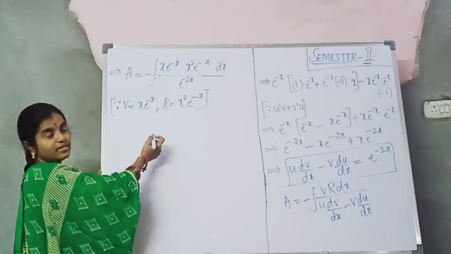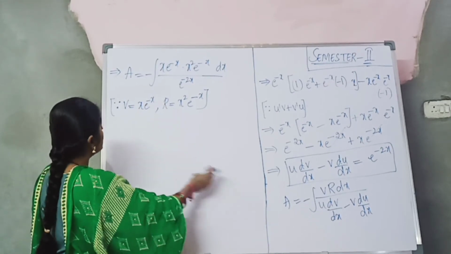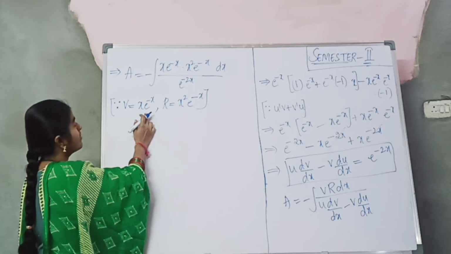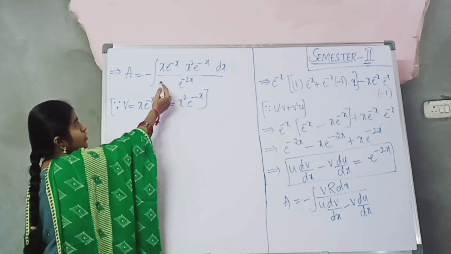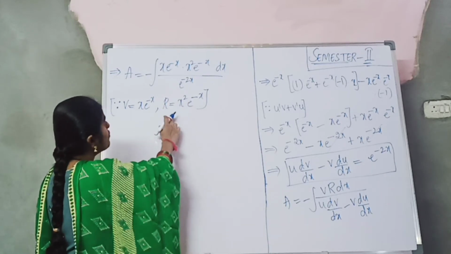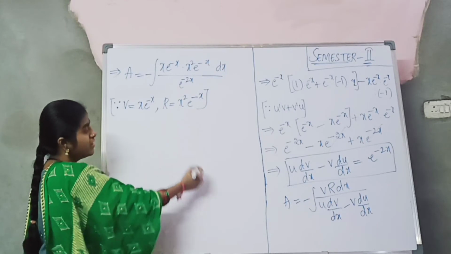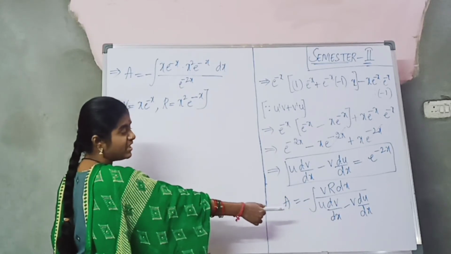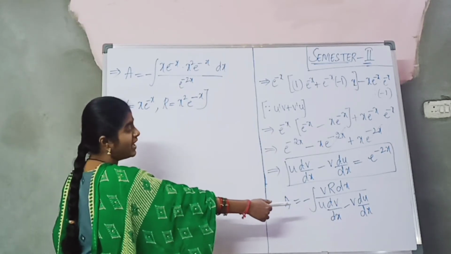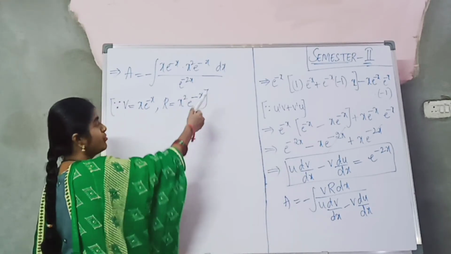Here v equals x into e power minus x, r is x square, and u dv by dx minus v du by dx is e power minus 2x.